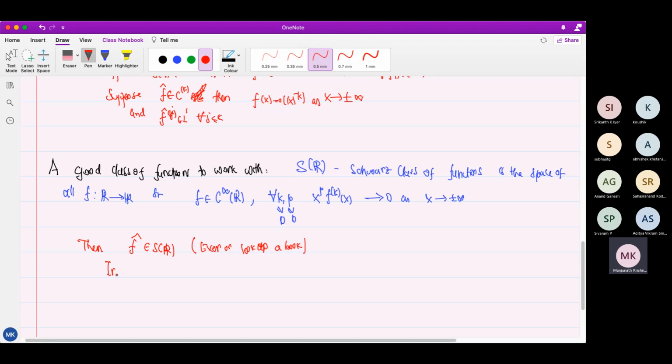In fact, the Fourier transform is a bijection of S of R with itself. So you can take S of R to S of R. The Fourier transform is a bijection.